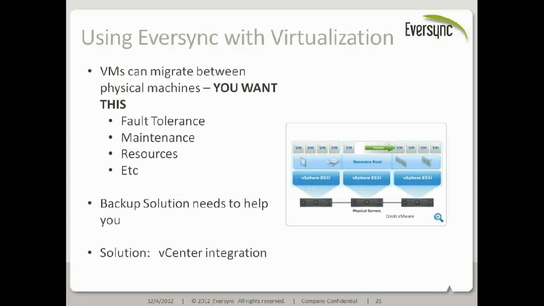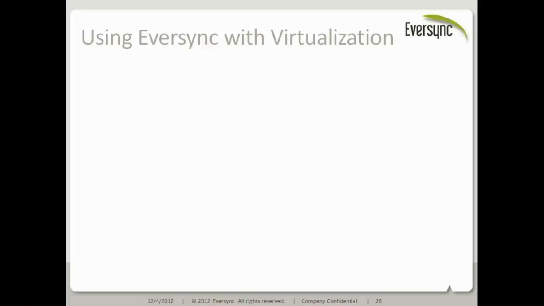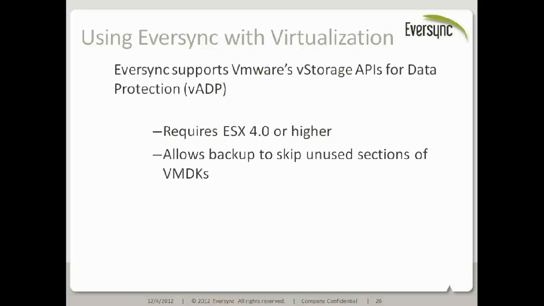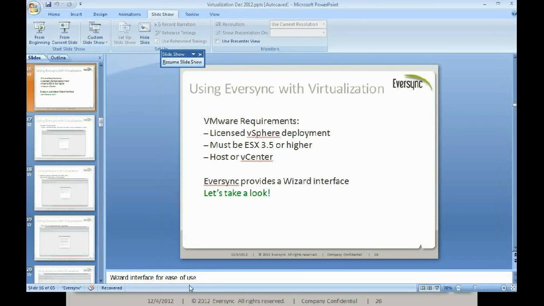So again, as I mentioned, you might have VMs migrating back and forth between data stores. This, of course, is a good thing since it provides you with fault tolerance, makes it easy to do maintenance on the data stores, lets you balance your resource usage, that kind of stuff. But you want to be sure, of course, that this isn't going to cause a problem for your backups, which are an important part of our system.